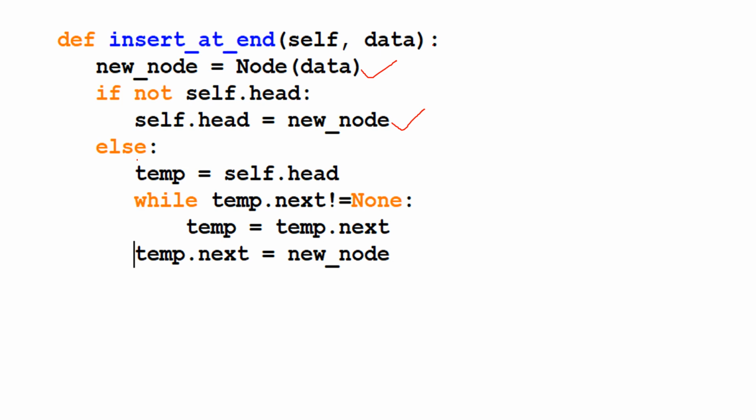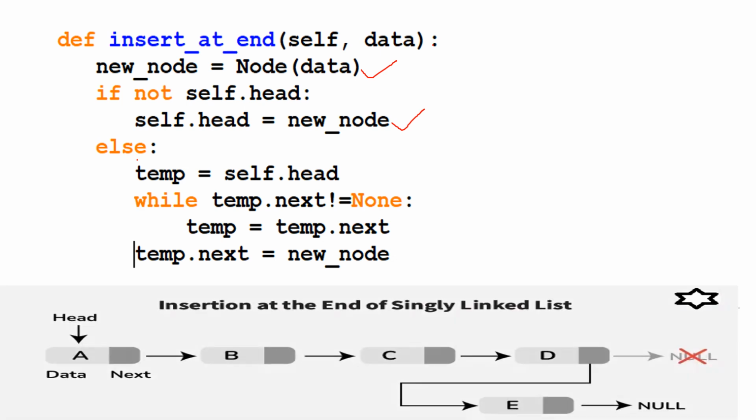Now you can see the diagrammatic representation. Insert the node at the end. A, B, C, D are the elements which are already there. Now we are going to add node E at the end. How do you add the E node at the end? First we need to find out where the null is, because D next is null.